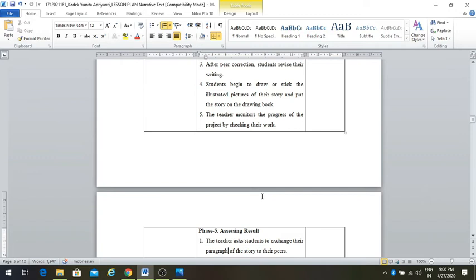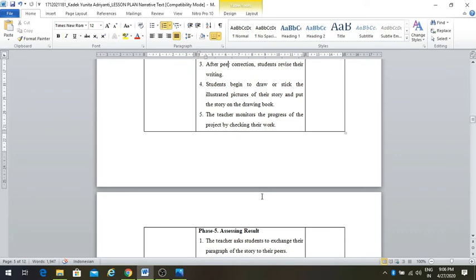So they make correction to the story written by their friends. At this stage, they focus on spelling, grammar, and the other. If there is correction, they can revise their story to be better before putting the story into the storybook.